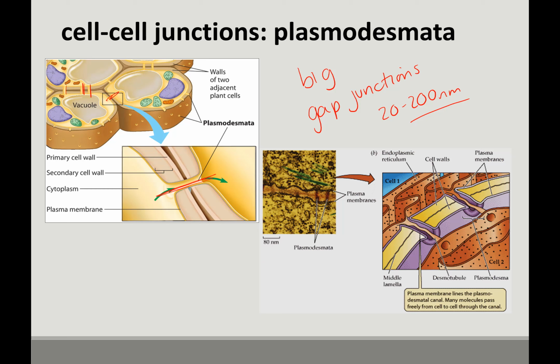And they're so big that you can get membranes across. And the desmotubule is an extension of the ER from plant cell to plant cell.